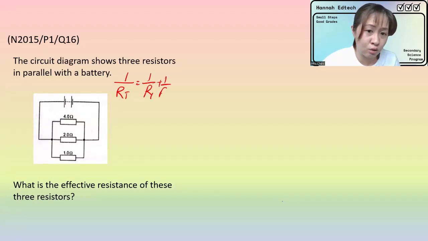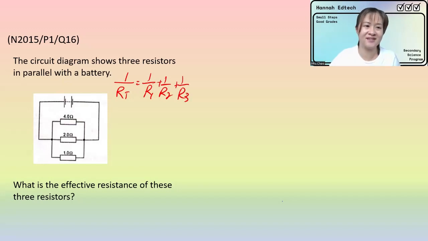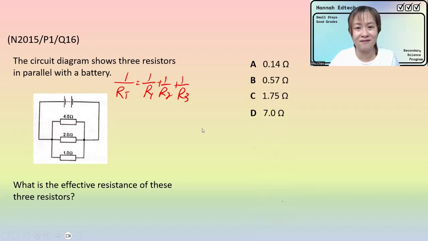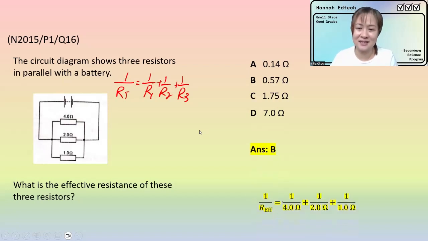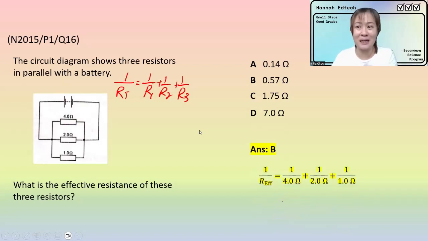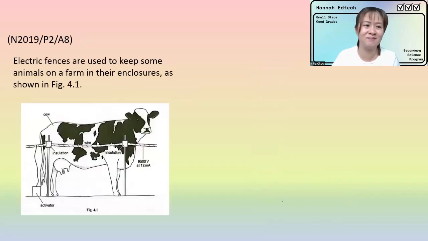If there are 3 loops, you have to apply 3 fractions, all right? So there are 4 options given. Go and do your calculation and check whether you get the correct answer. The answer is B. Just plug inside the formula and you will get 0.57 to 2 significant figures.